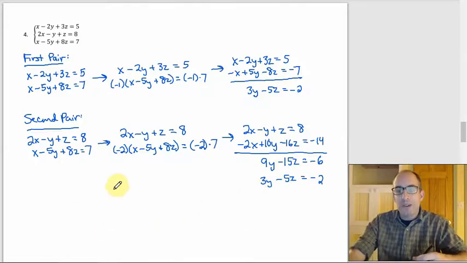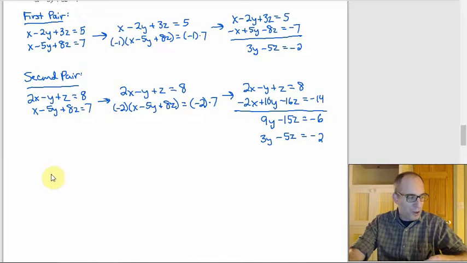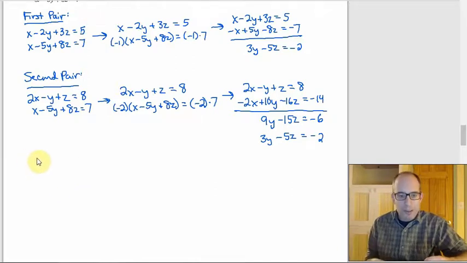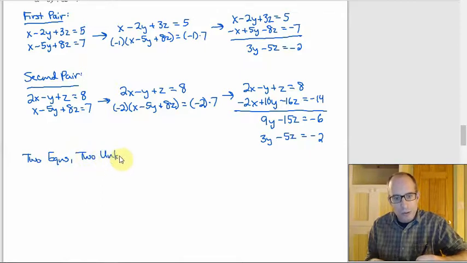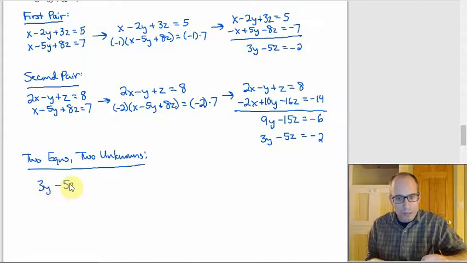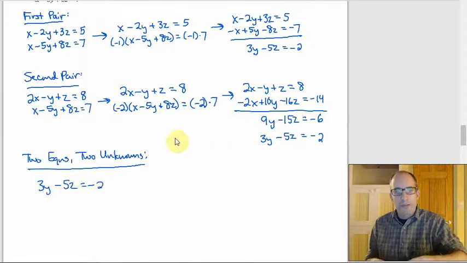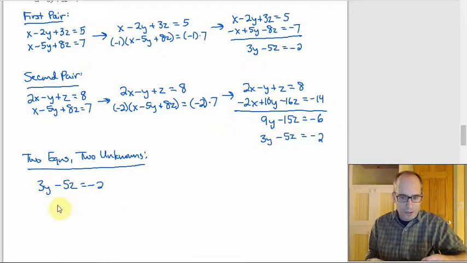Well, let's say we didn't do this. What if we didn't rewrite it? Because then maybe this will be the more common thing, because this is working out to be pretty clean here. But if we have 2 equations and 2 unknowns, so I'm going to say, from that first pair we got 3y minus 5z equals negative 2. And let's say from the second pair we didn't notice that you could divide both sides by 3.